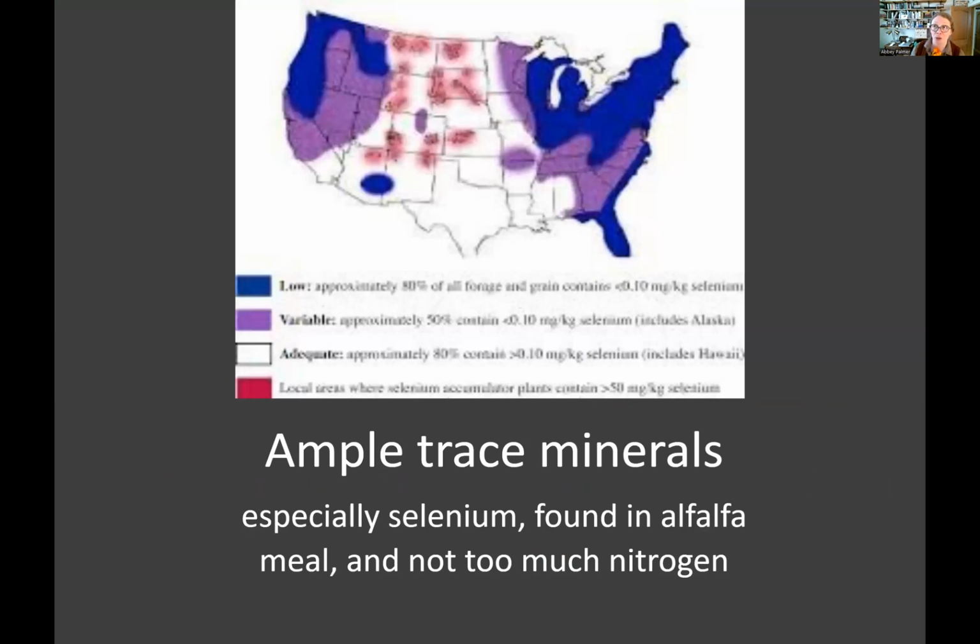You also want to bring a couple things into your soil. Ample trace minerals are important. Soil health in general is, of course, important to plant health, but particularly for seed saving, you want to add selenium. Selenium is not found in the soils in the blue in this map. It is found in the soils in the purple.